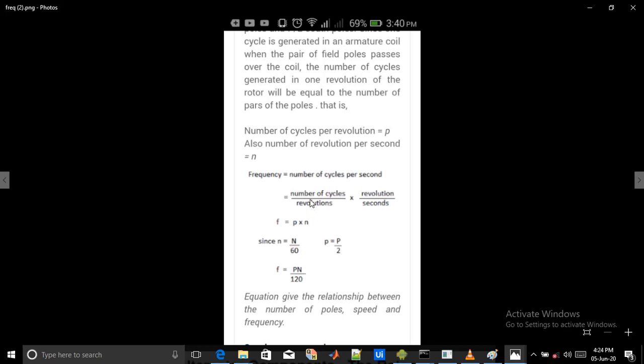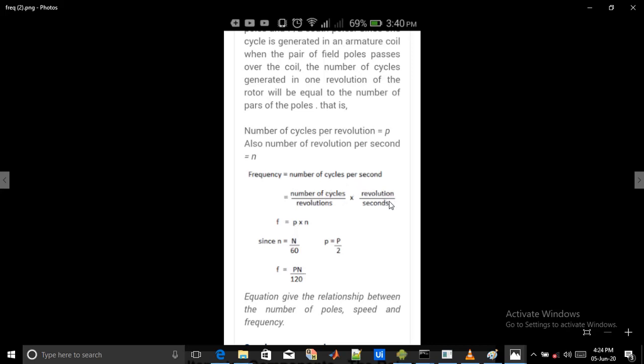You get? So if you're having 5 cycles per revolution, it means we have a lesser number of poles. Then if we have more cycles per revolution, it means we have more poles. I think you understand that. So that's the relationship between your poles and number of cycles per revolution.